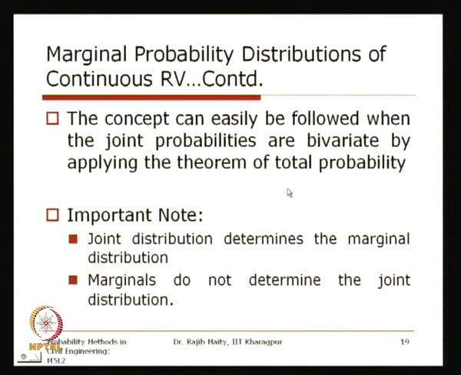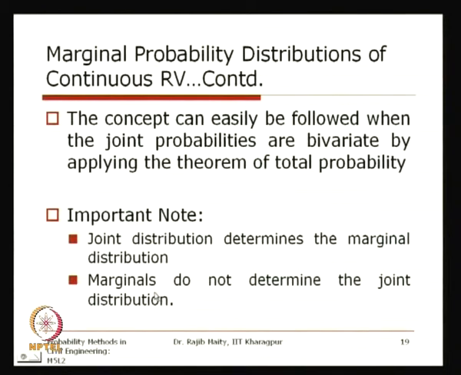Before we conclude, there are two important things that I want to mention here. First, the joint distribution determines the marginal distribution. Second, marginals do not determine the joint distribution.